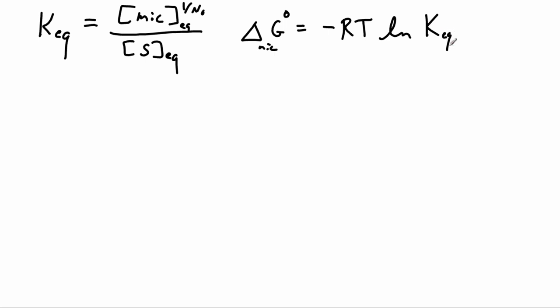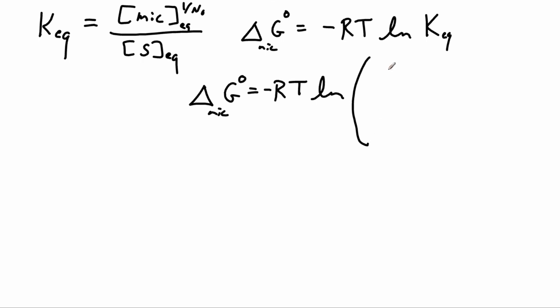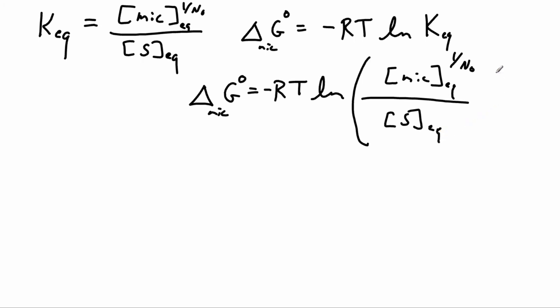So we can just plug in our expression for K and say delta G standard for this process, micelle formation, is negative RT log, and then we just plug in our expression for K equilibrium. So it's the concentration of micelles at equilibrium to the 1 over N naught, all over the concentration of surfactant at equilibrium.